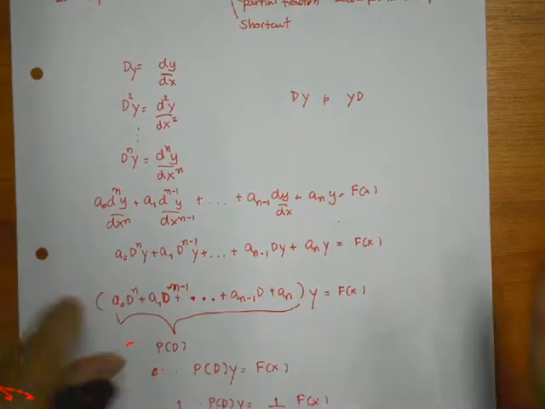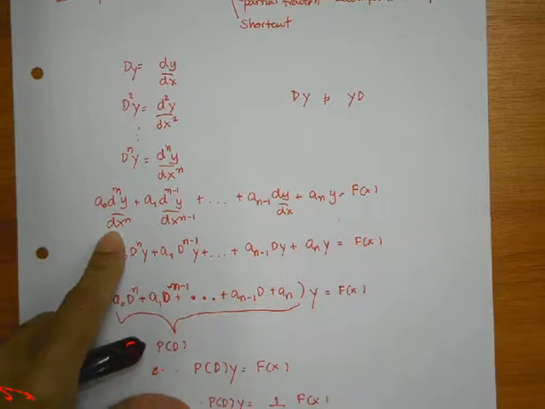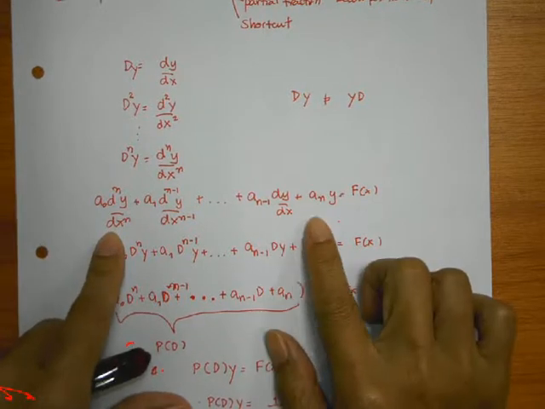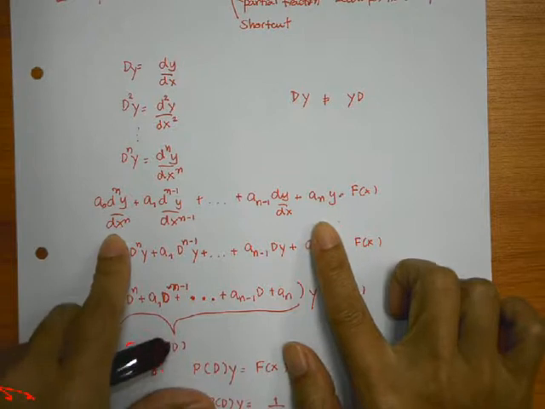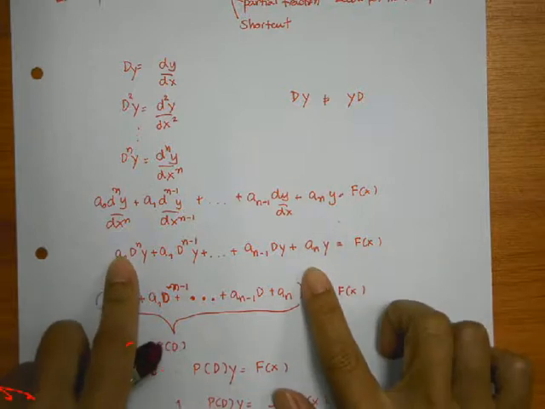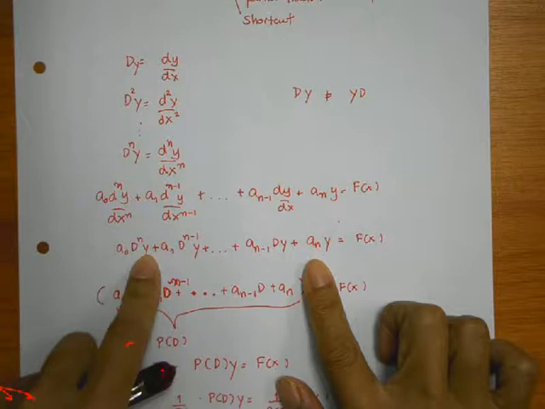So if I have an nth order non-homogeneous differential equation with constant coefficients, just like this, I'm going to write this equation in the form of the operator D. Then I will get this line, right?